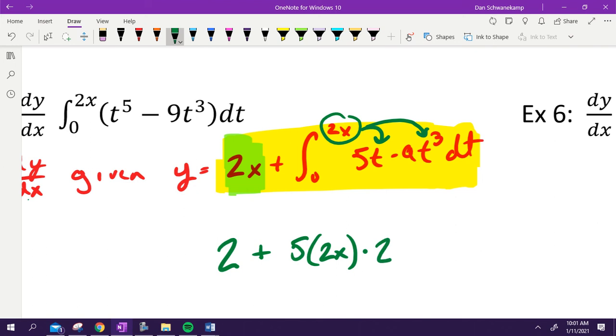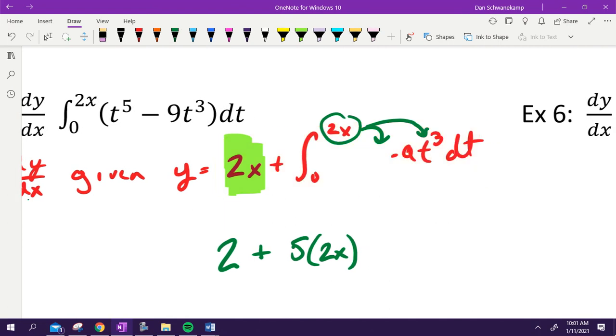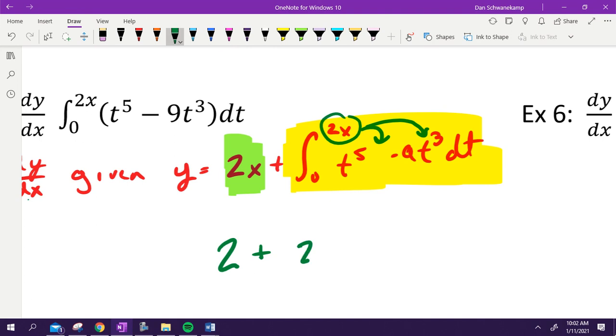Oh, t to the 5th. My fault. Oh, man. I'm struggling. Let's try that again. Let's act like it said t to the 5th. Same idea, though. I plug in 2x to the 5th power, and then I got to multiply by the derivative of what I plugged in.